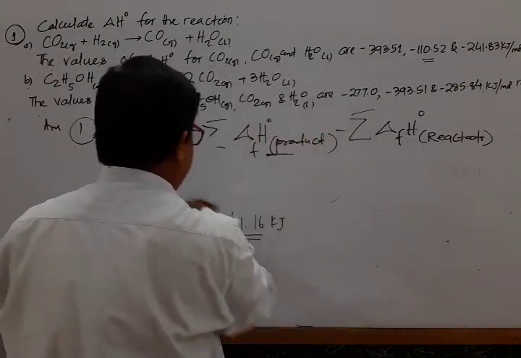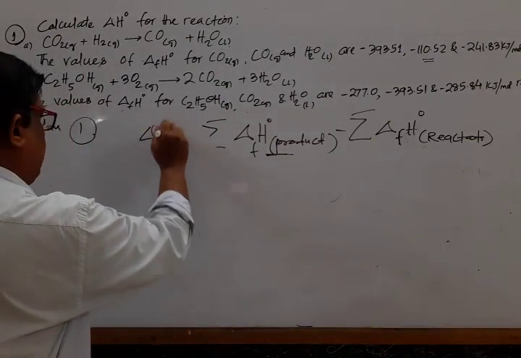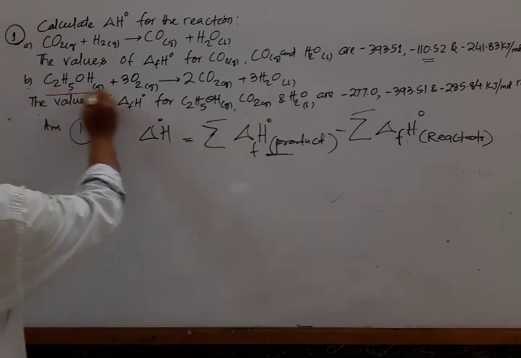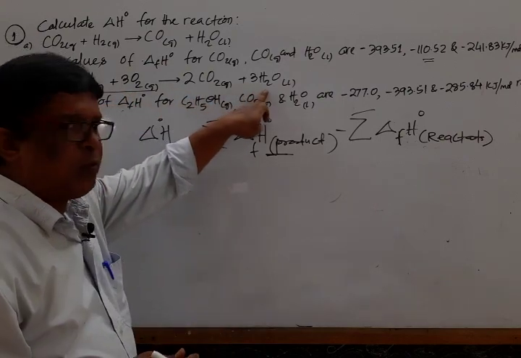If you apply this concept, mark that one, that is del H naught. The equation is: ethyl alcohol undergoes combustion to form carbon dioxide plus water.